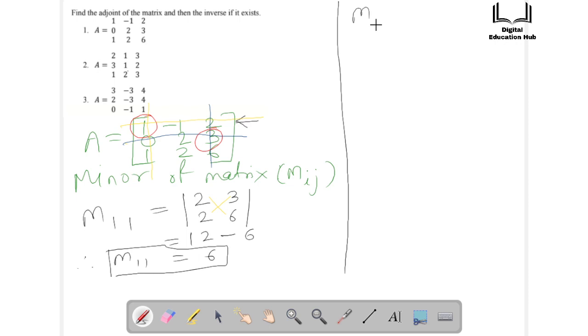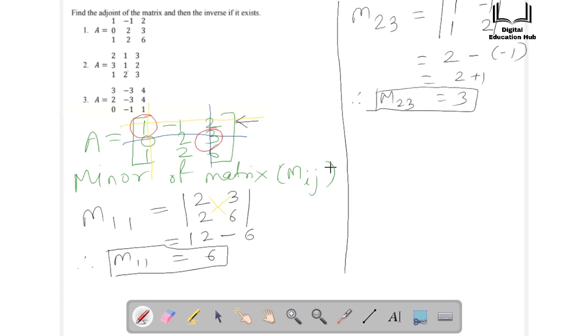So M23 is equal to, now exclude the second row and the third column. So 1 and minus 1, and the remaining one is 1 2. So the answer would be 2 minus of minus 1, and that comes to 2 plus 1, that is 3. Therefore M23 is 3.